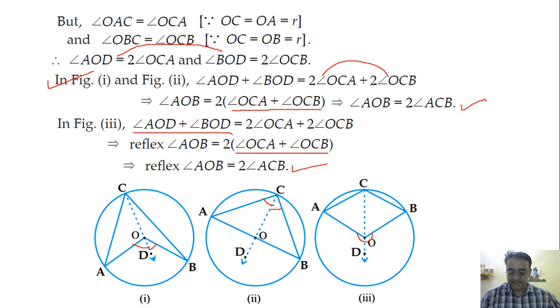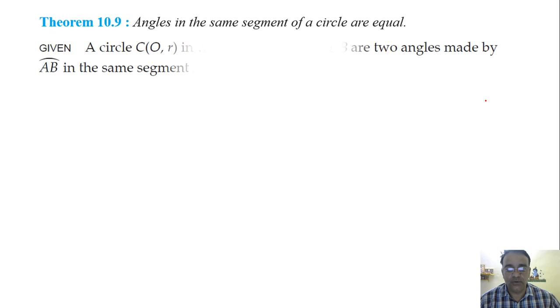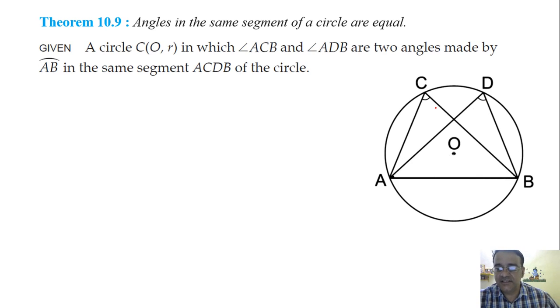Any doubt? No, sir. Okay, now the extension of that one: angles in the same segment of a circle are equal. So first see this figure. Same segment, look carefully: if I make a chord here, the chord divides the circle into two segments.